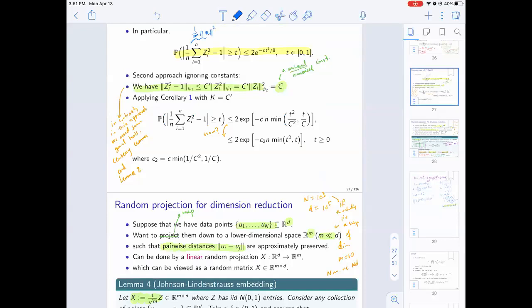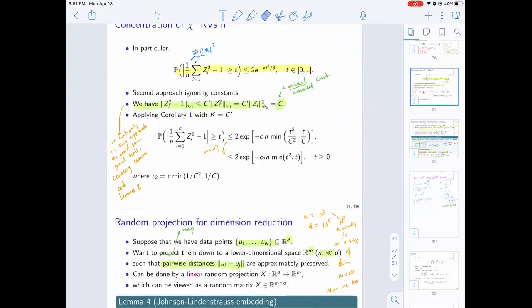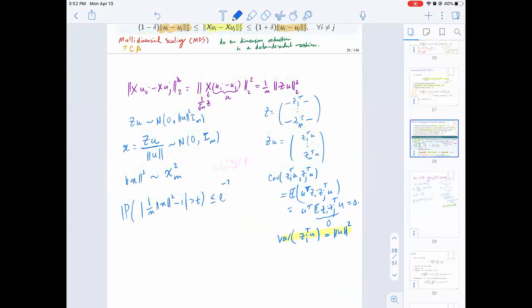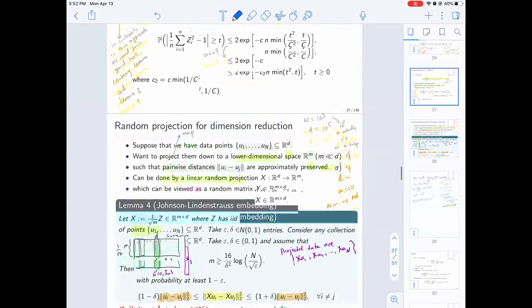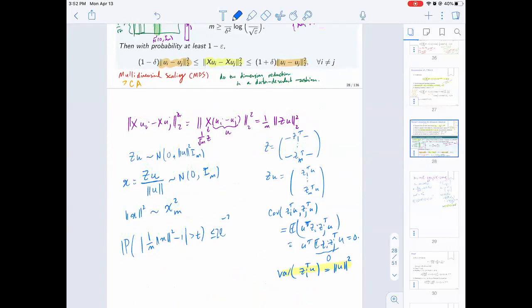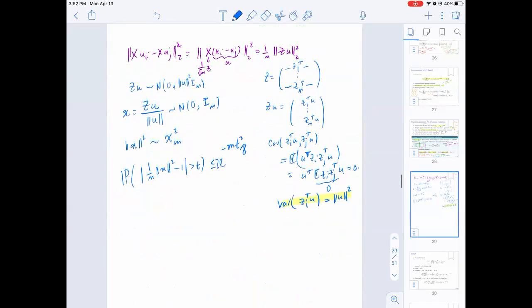And so I would get 2 times e to the negative m t squared over 8. Sorry, I can't remember. Loss of short-term memory. Yes, okay.